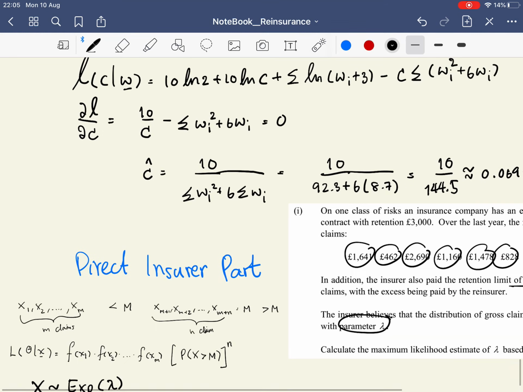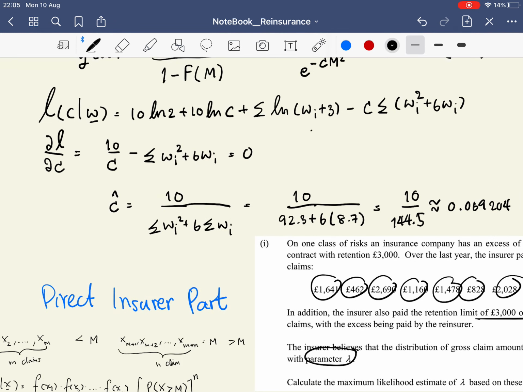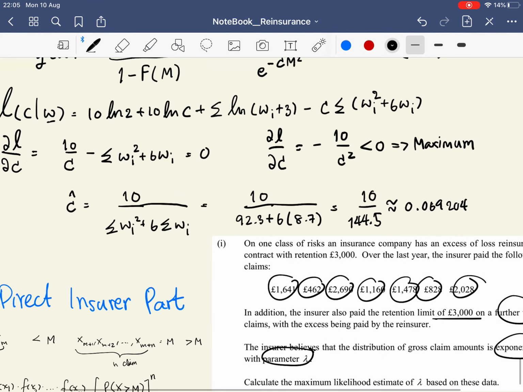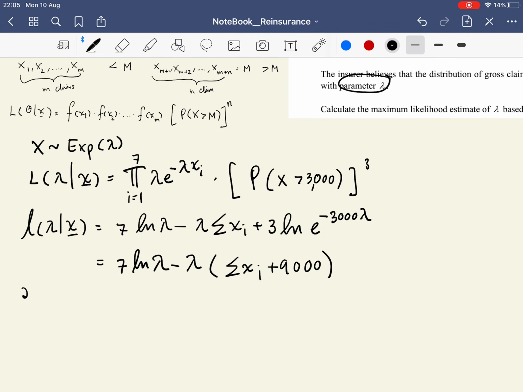We just differentiate. Oh, I forgot to do this here. When working with MLE, we have to check if it is the maximum point. So this one is less than 0. This is a maximum, just to confirm that the one that we calculate is a maximum point.